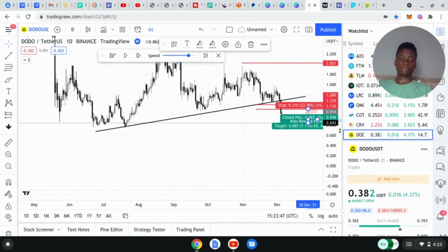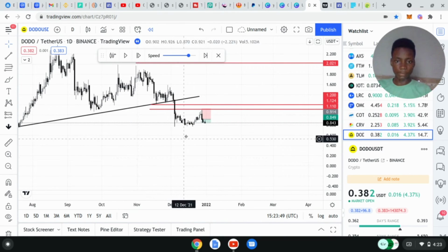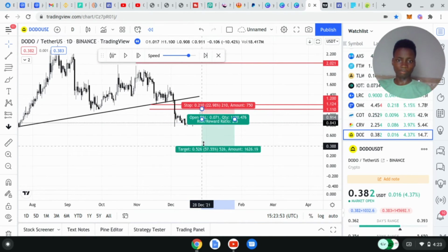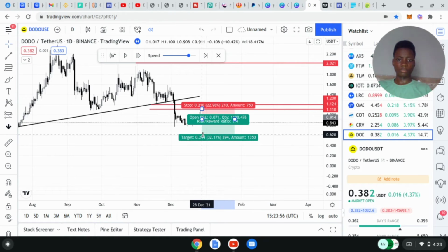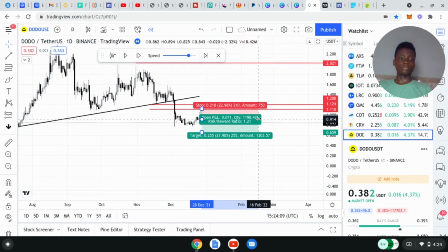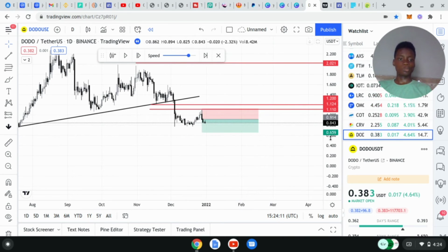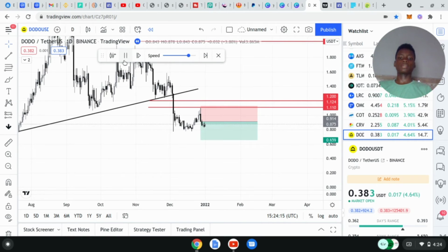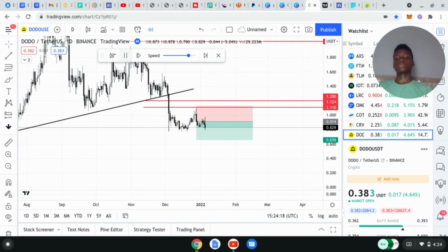I'm just looking for where to target. Or I can even just make it a simple 1:2. I can make it a 1:2 and let's watch what price does.